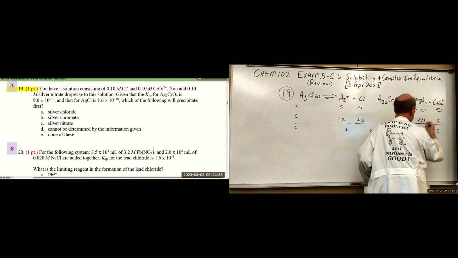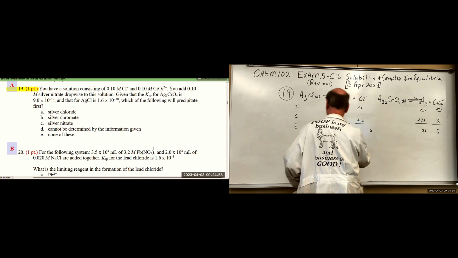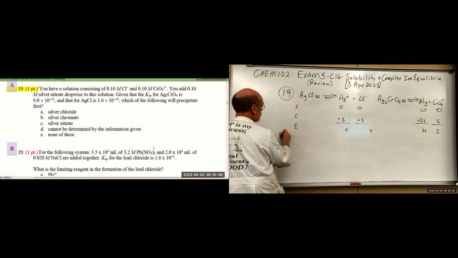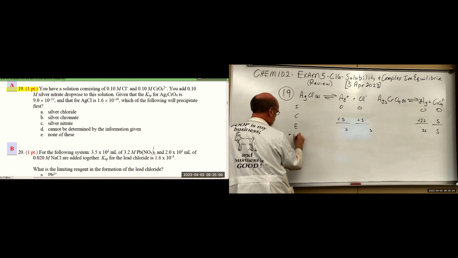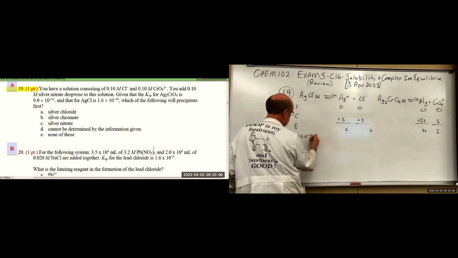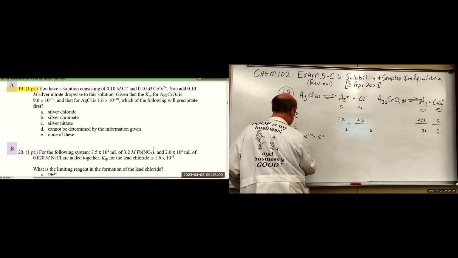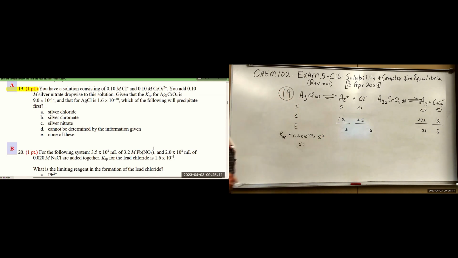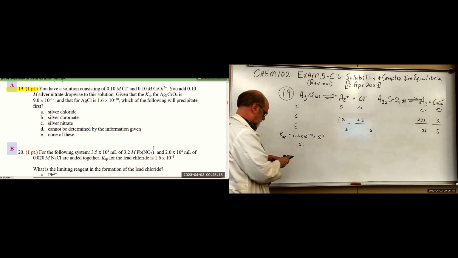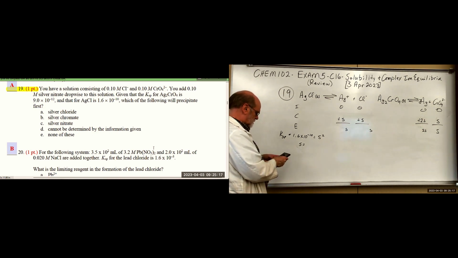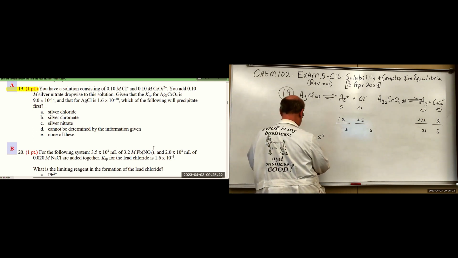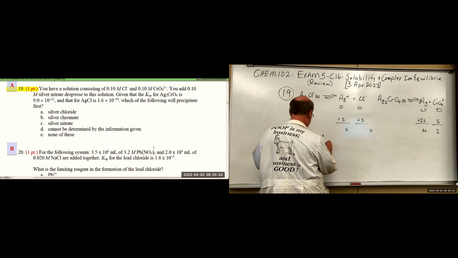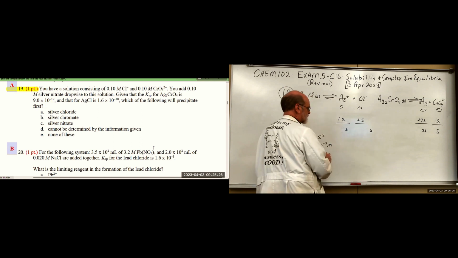So the KSP for silver chloride is, if I can remember, 1.6 times 10 to the minus 10, equals S squared. So the solubility is the square root of 1.6 times 10 to the minus 10. So this is 1.3 times 10 to the minus 5 molar solubility.